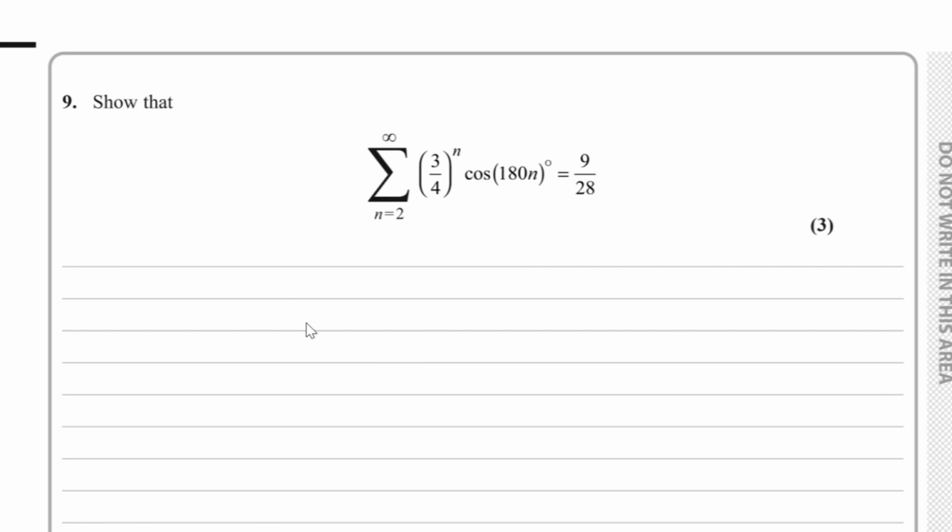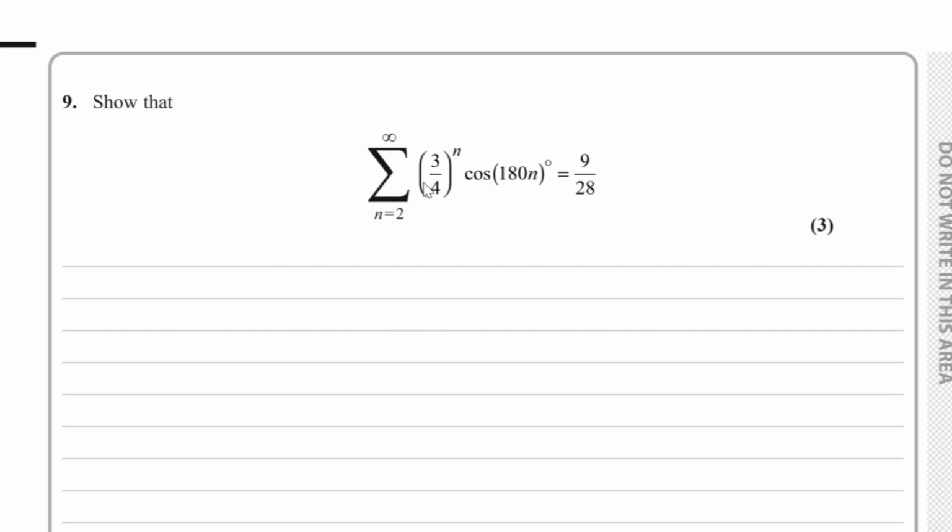Question number 9. We have to show that the sum from n equals 2 to n equals infinity of 3/4 to the power of n times by the cosine of 180n degrees is equal to 9/28. Well, here we've got a summation. Now, what we can do is see what sort of a pattern we'd have.